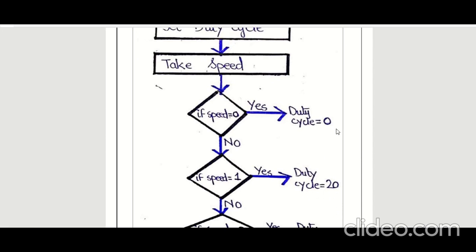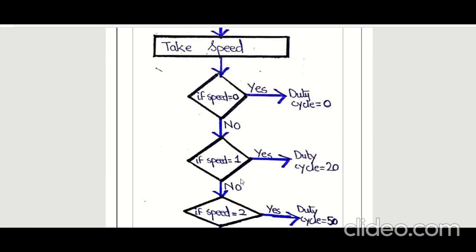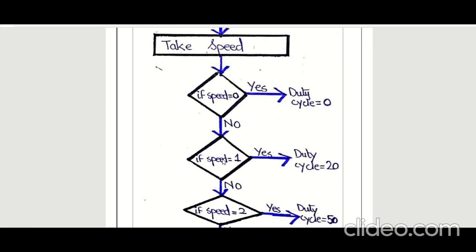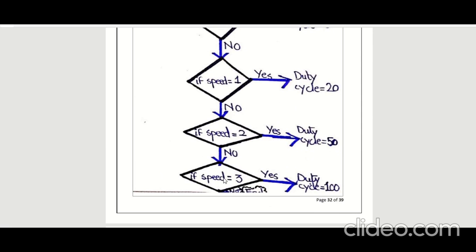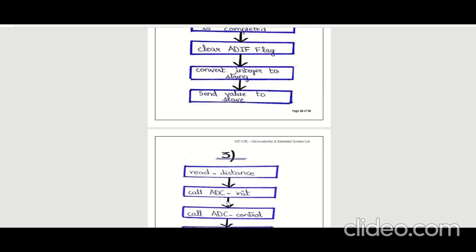If speed is 0, then duty cycle is set as 0. If no, then it will move on. And if speed is 1, then duty cycle is 20. If speed is 2, duty cycle is 50. And similarly, if speed is 3, duty cycle will be 100, and then it will end.